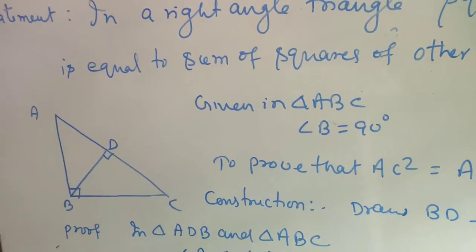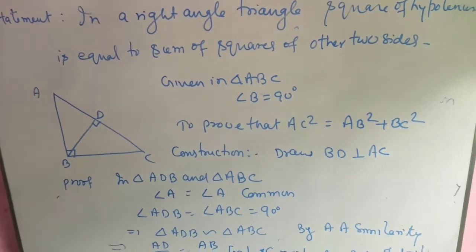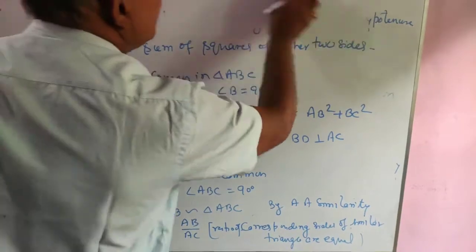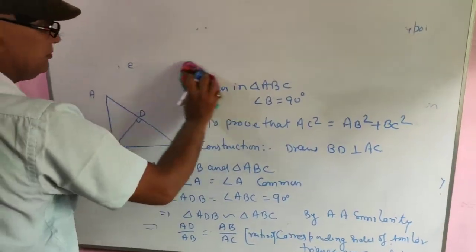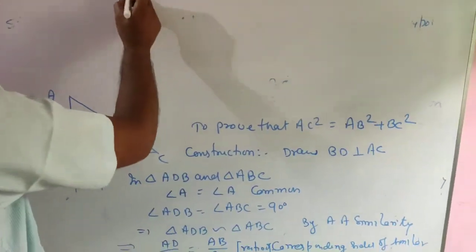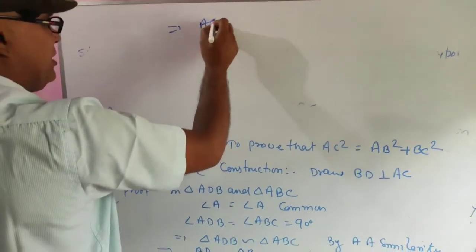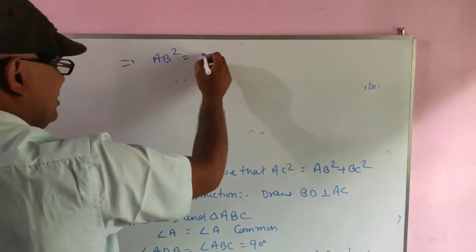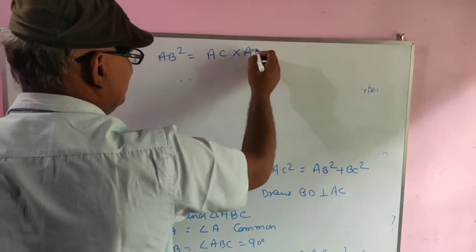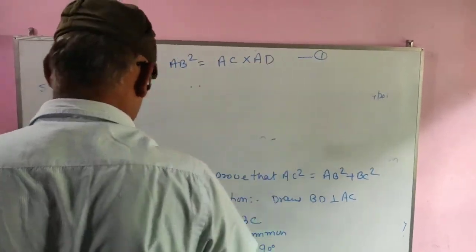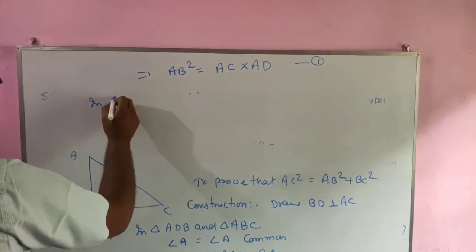So which implies AB square, taking cross multiplication, is AC into AD. This is one.